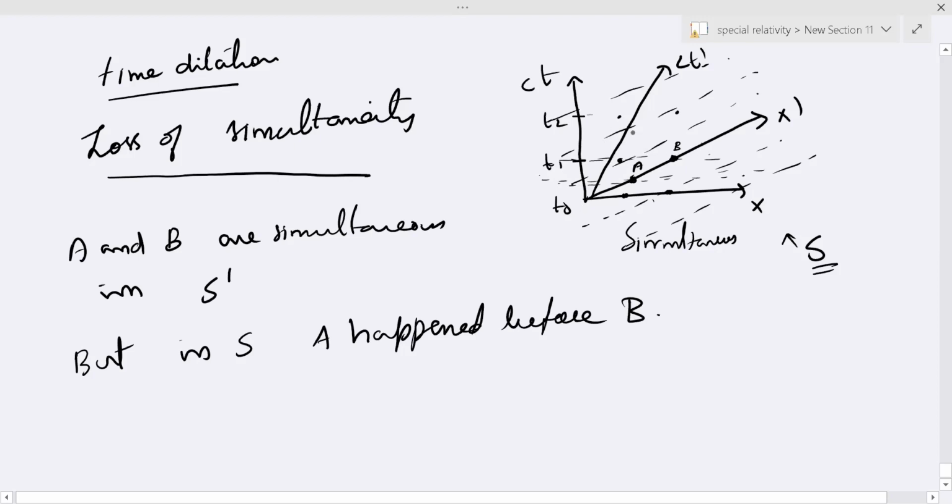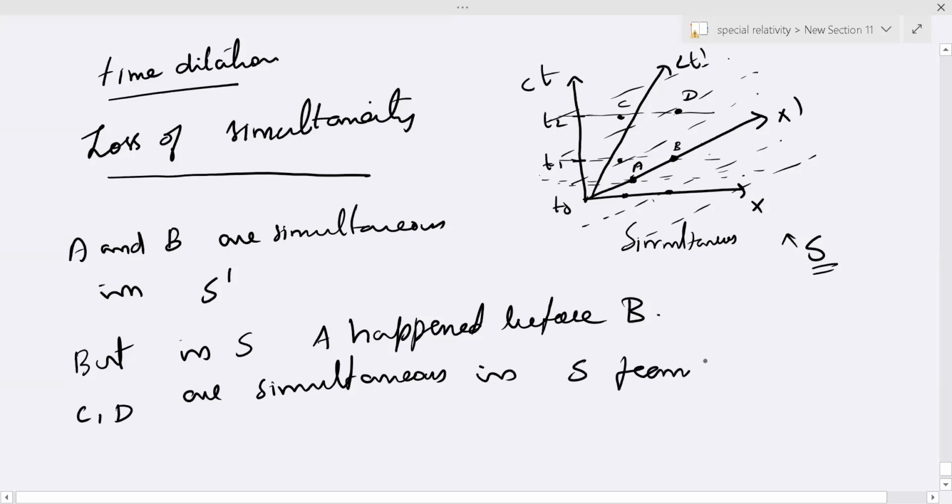Similarly, look at these two events, which are simultaneous in the S frame. Let's call them C and D. C and D are simultaneous in S frame. But if you draw lines parallel to the x prime axis, you will see that D happened before C in S prime.